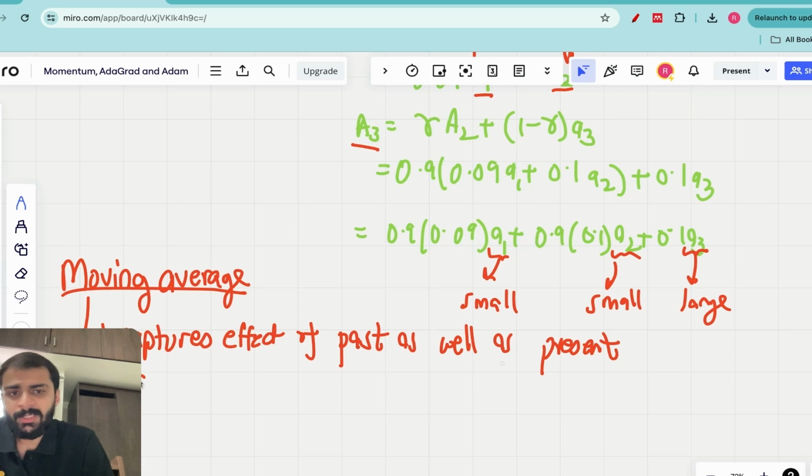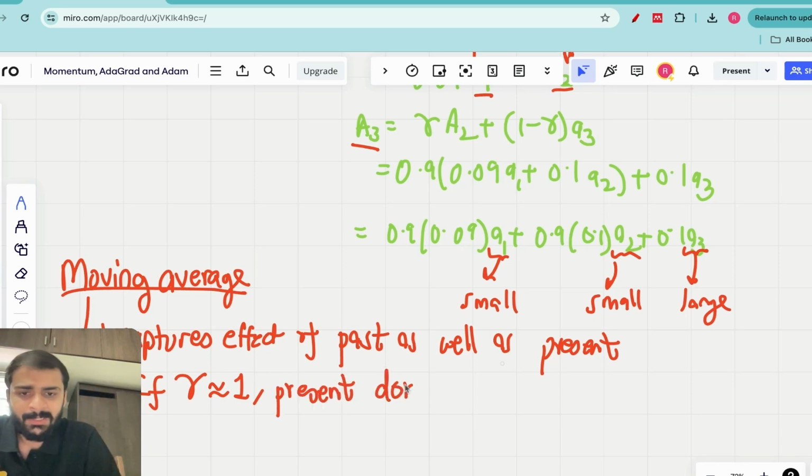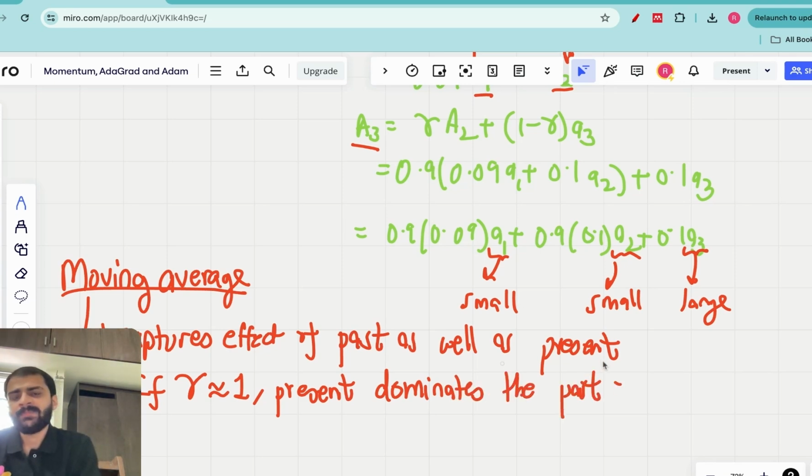And the second intuition is that if the value of gamma is close to 1, then the present dominates the past. You can think of it as retaining memory. The current moving average has the memory of the past elements.